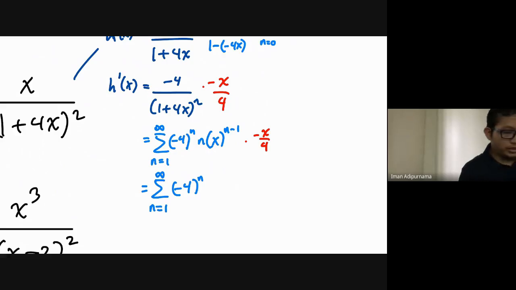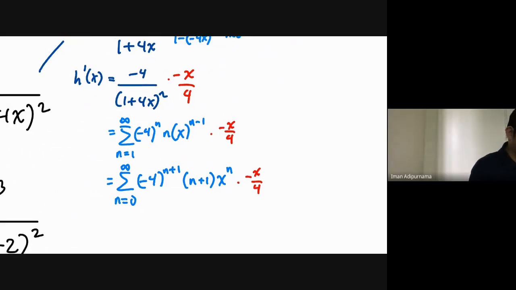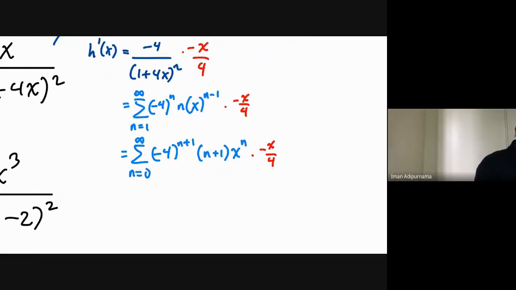Minus 4, and plus 1, and plus 1. Or let me just give you the shifted version. And x, and they need to be calculated with the negative.